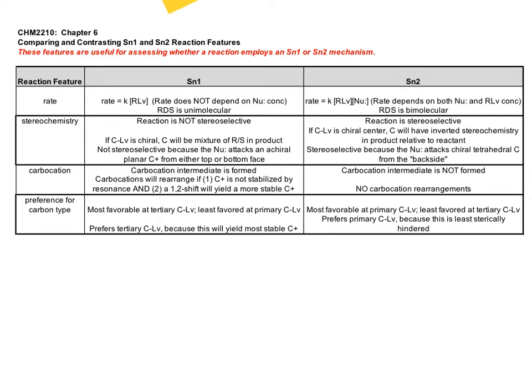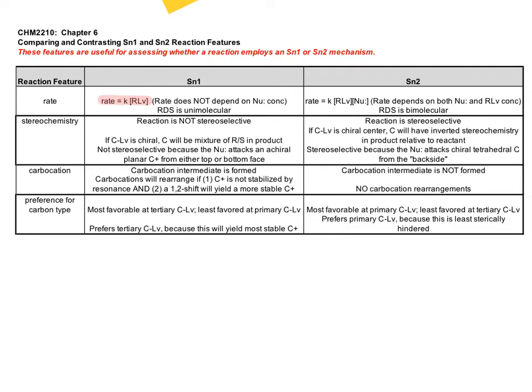It's useful to get a handle on these features because recognizing these different characteristics of reactions will enable us to determine whether the reaction follows an SN1 or an SN2 reaction mechanism. So first off, thinking about the rate of the chemical reaction, the SN1 reaction rate is dependent only on the concentration of the electrophile, that is the molecule that has the leaving group.